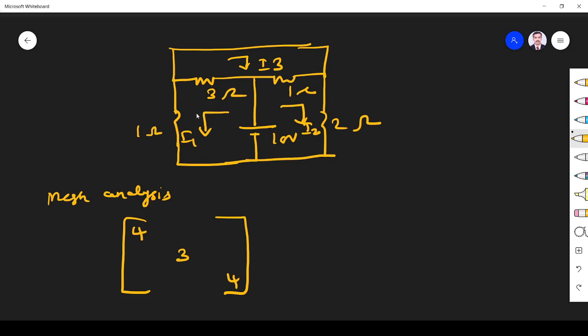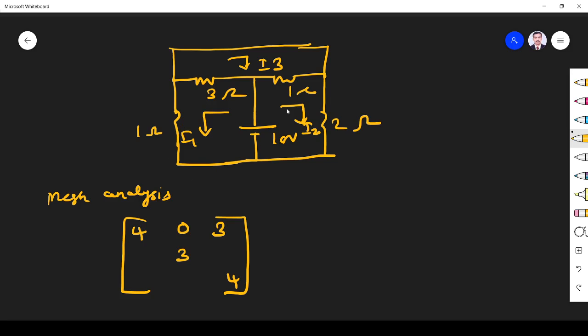What is the resistance common to 1 and 2? 0. What is the resistance common to 1 and 3? Since both currents are going in the same direction, it is plus 3. What is the resistance common to 3 and 1? Again plus 3.